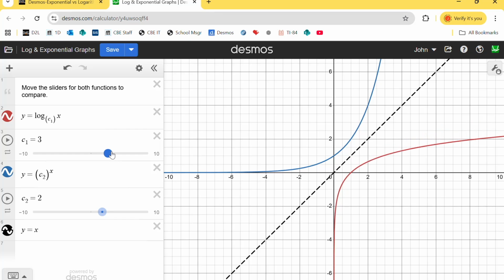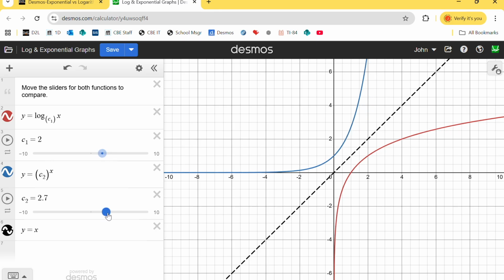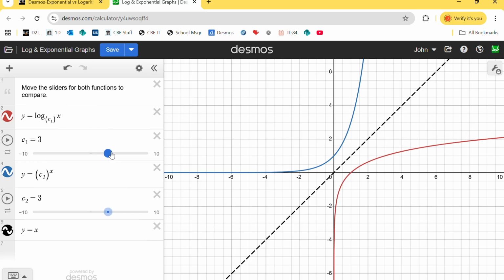So as the base goes up, it flattens out, it gets lower. Okay, so it's the exact opposite of what you would expect from the base. Let's go to 3 and watch what happens. It goes up like this, okay, and then watch what happens to the log. It goes down like that, and when we match the bases, they're still inverses of each other.